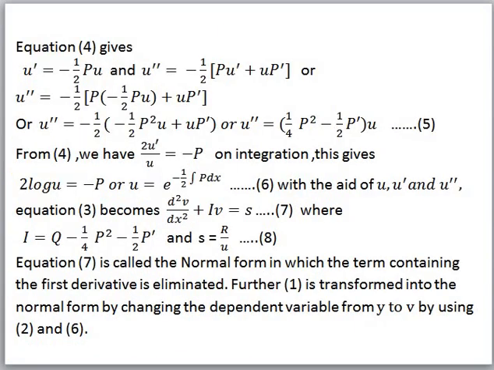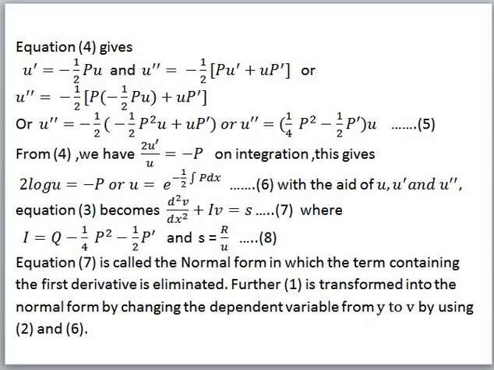Equation 4 gives u dash is equal to minus 1 by 2 p into u, and differentiating u dash again with respect to x, that is u double dash is equal to minus 1 by 2 p into u dash plus u into p dash, applying the product rule.